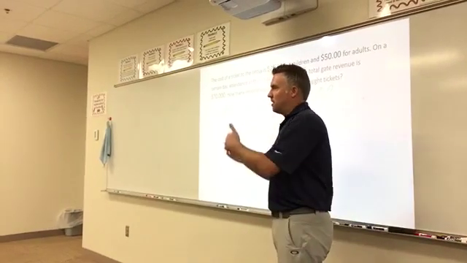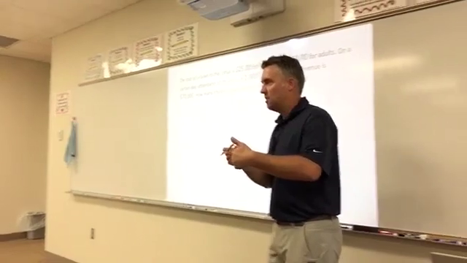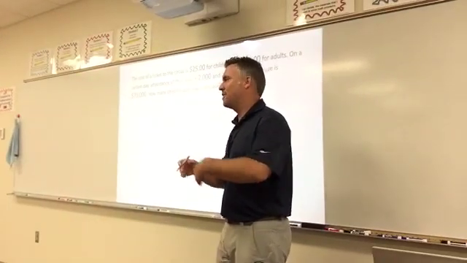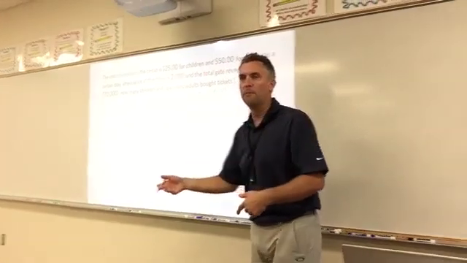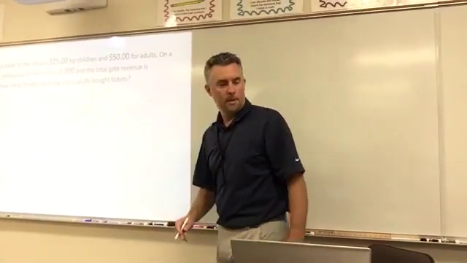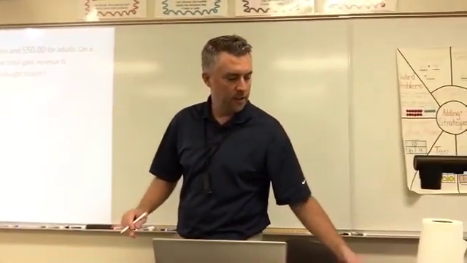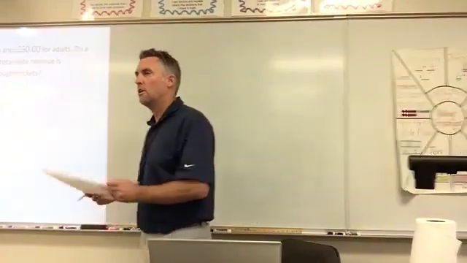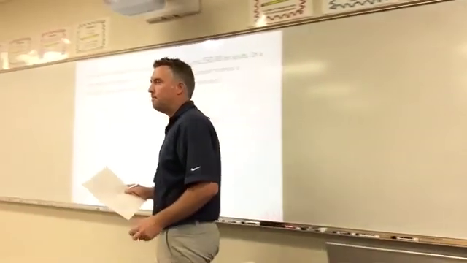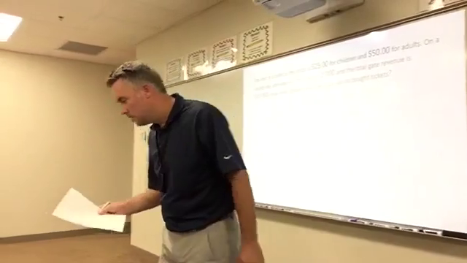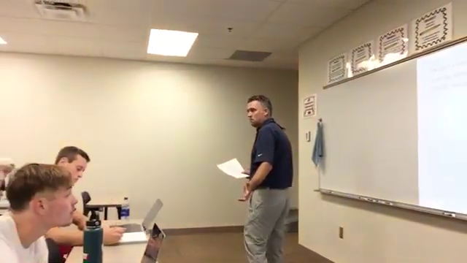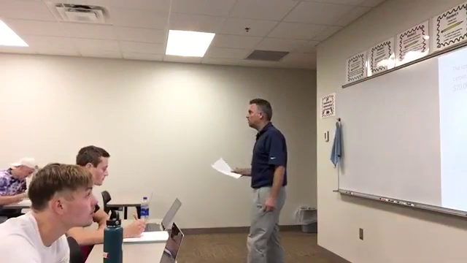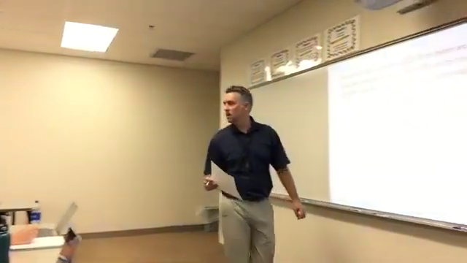It doesn't matter if I solve for C first and eliminate A, or if I solve for A first and eliminate C. Eventually I'm going to solve for both of them, right? So final answer. Anybody else got one? What'd you get? 1,200 kids and 800 adults? Anybody stuck?